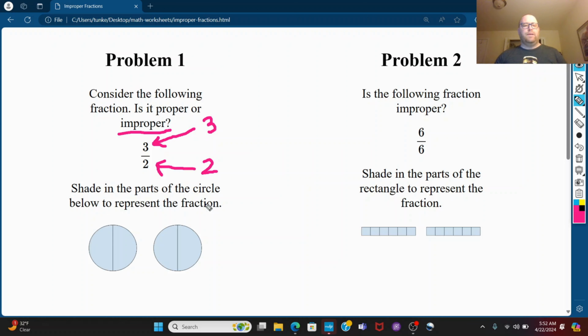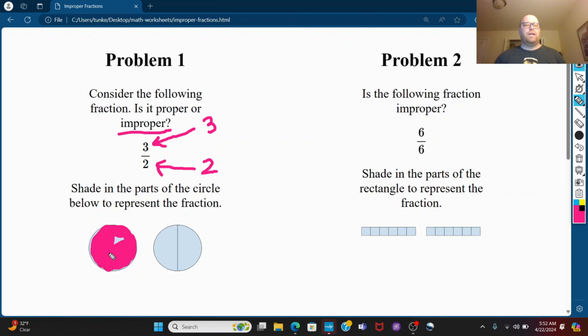And I think we can illustrate this as well when we shade in the circles that I have below here. So the second part of the problem says, shade in the parts of the circle below to represent the fraction. So for 3 halves, each of these circles is split into halves. I'm going to have to shade in a half here. Then I'm going to have to go ahead and shade in another half.